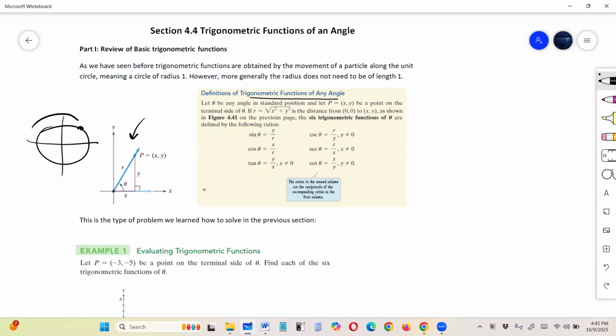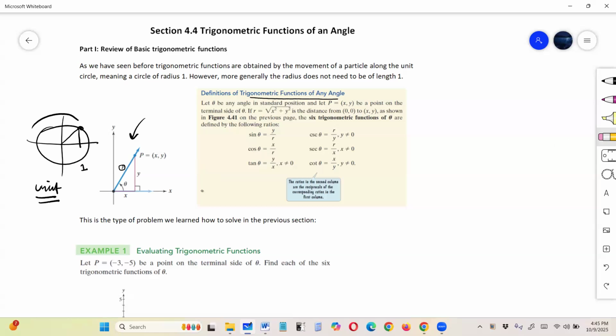A particle is moving on a circle, and the movement forms a triangle. So here's a triangle here. In the previous section, we've covered specifically one movement on the circle where the radius was 1. So that's why we called it the unit circle. Okay, unit because of radius 1.